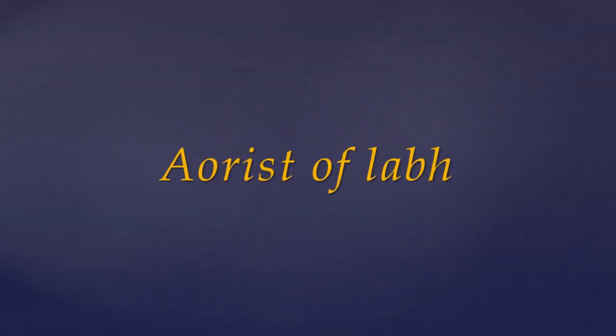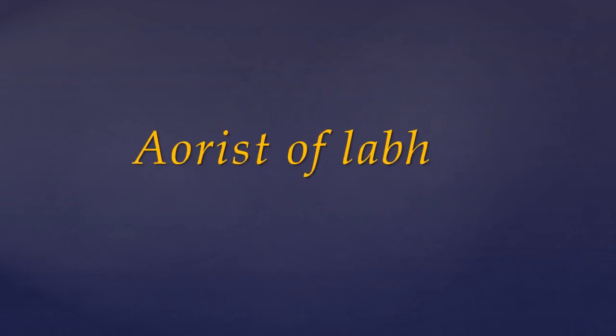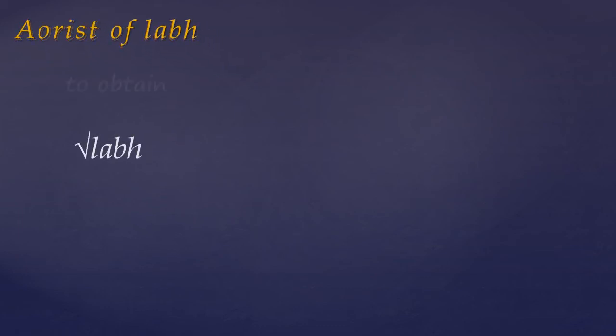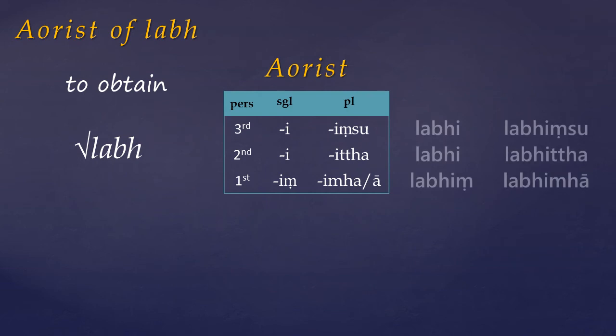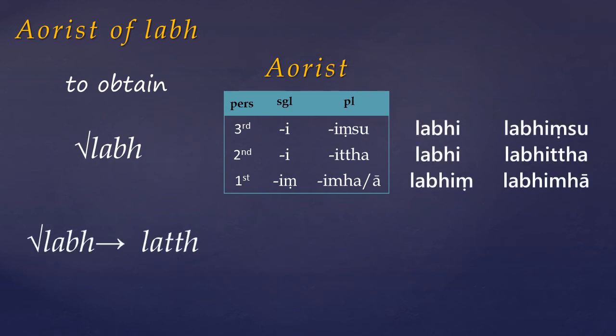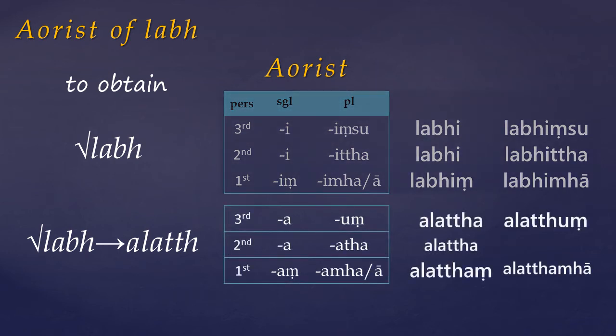Next, Warder presents an irregular aorist form of the verb labh, to obtain. Besides the regular aorist that we saw in Lesson 4, there's also a less common form on the irregular stem lat that takes the augment and the thematic aorist endings.